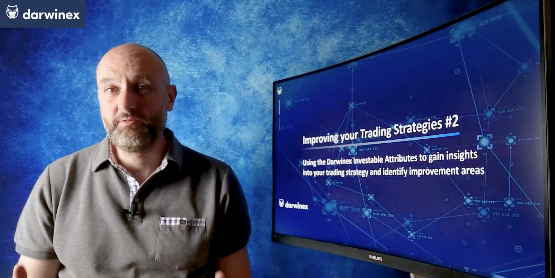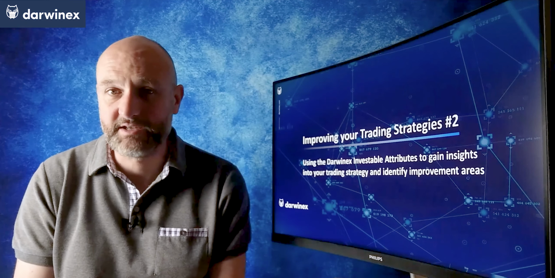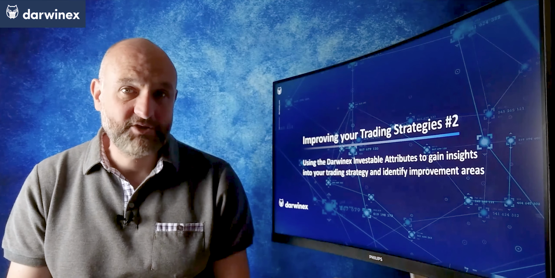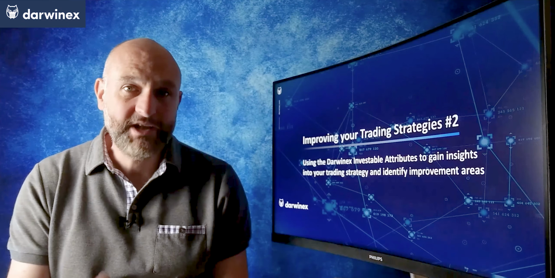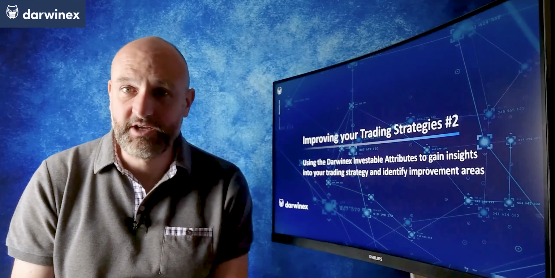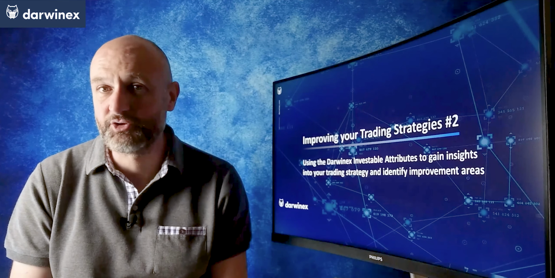And in addition to helping potential investors to decide where to place their investment capital, these 12 metrics also mean that traders can investigate which areas of their strategy they need to improve in order to become a better trader.